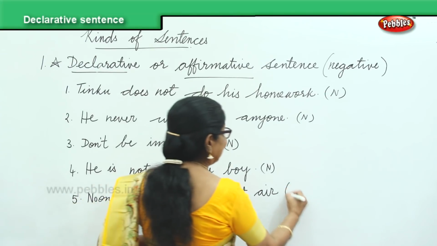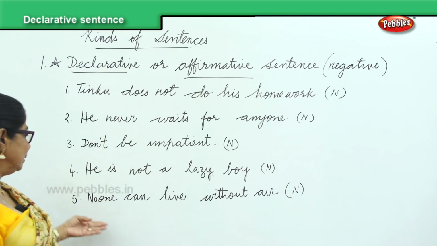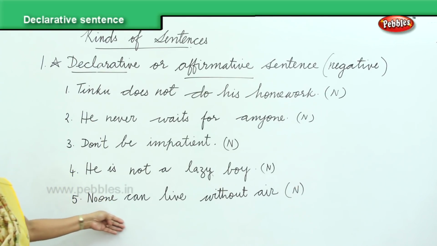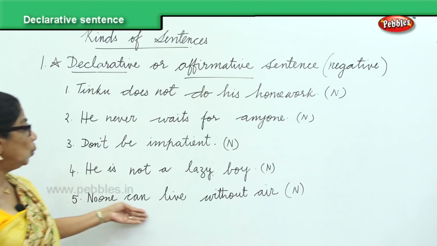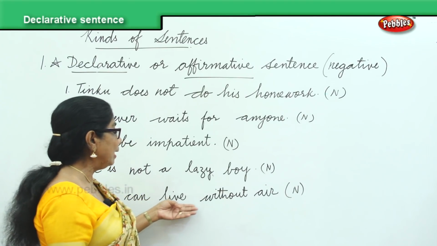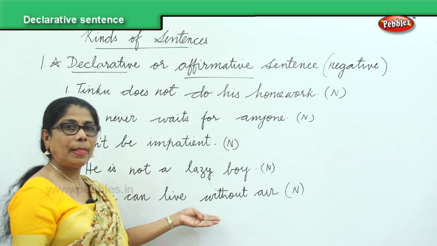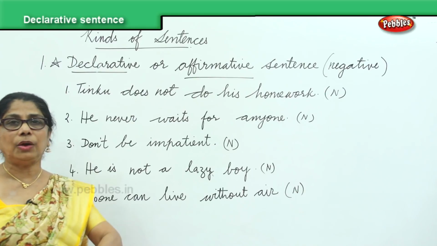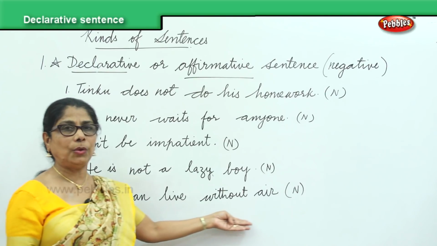So that's a negative, declarative, affirmative sentence. Now, change it into positive, declarative, or affirmative. We can live without air. No one can live without air. We can live without air.